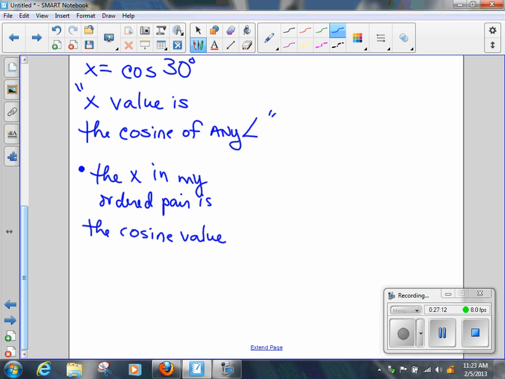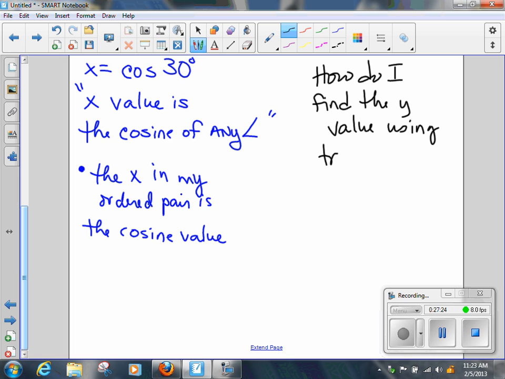Y value, let's think about that. How do you find your Y value? Do you use that same triangle?